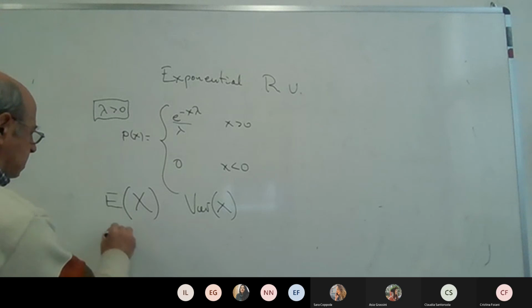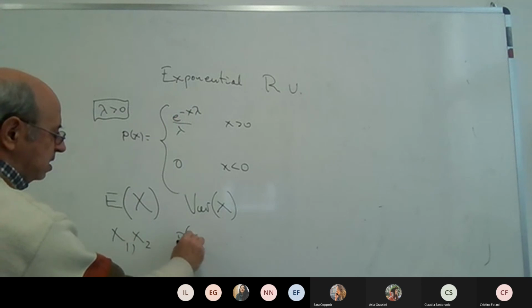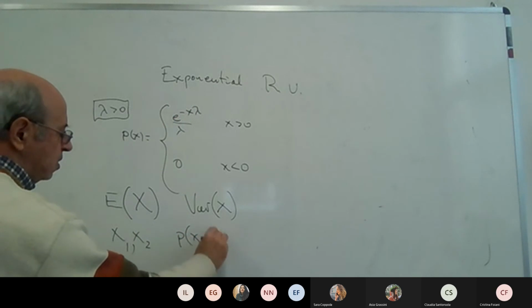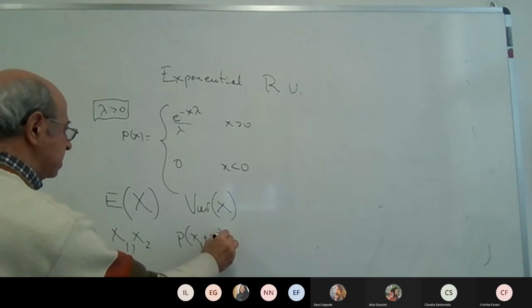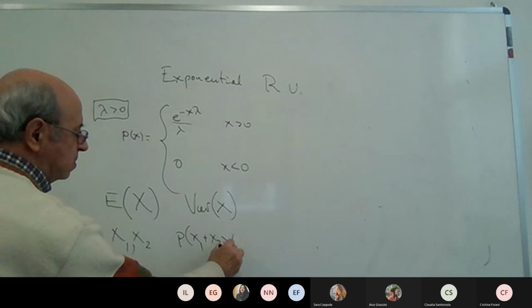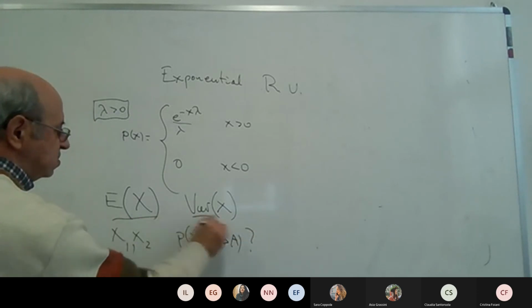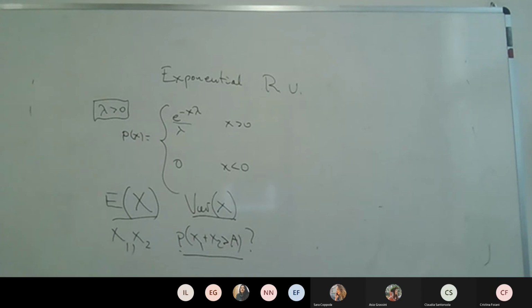If you have x1 and x2 independent exponential random variables, what is the probability of x1 plus x2 being bigger than some fixed constant? So these three questions form a series of calculations for this distribution.